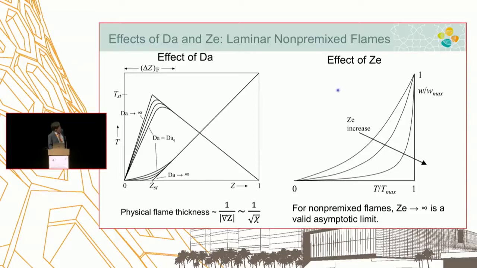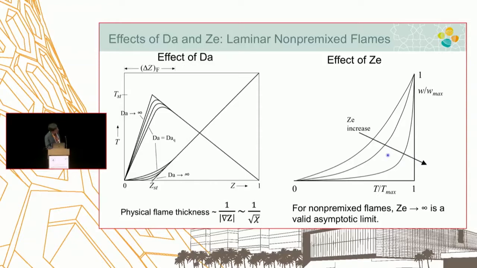Zeldovich number, activation energy. What is the role of activation energy? Activation energy is what's inside the exponential term of the chemical reaction rate. Activation energy decides how reactions are focused near the maximum temperature range. As you can see here, as the Zeldovich number increases, if I scale my reactivity, normalized by its maximum possible, over the temperature range from 0 to the maximum temperature, you will see that because of the nonlinearity, reactions are more focused on the maximum temperature region.